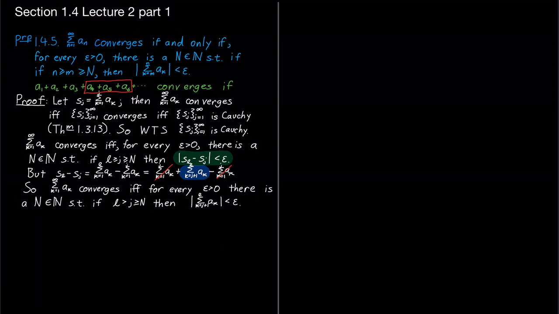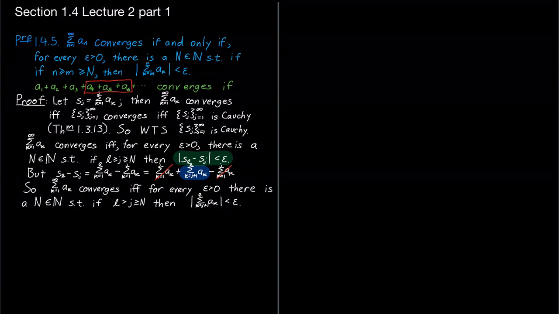That is never going to be false, because S_L minus S_J would be S_J minus S_J, which would be 0. So if this condition is true for all L strictly bigger than J, since it's always true for L equals J, it's also true for all L greater than or equal to J.